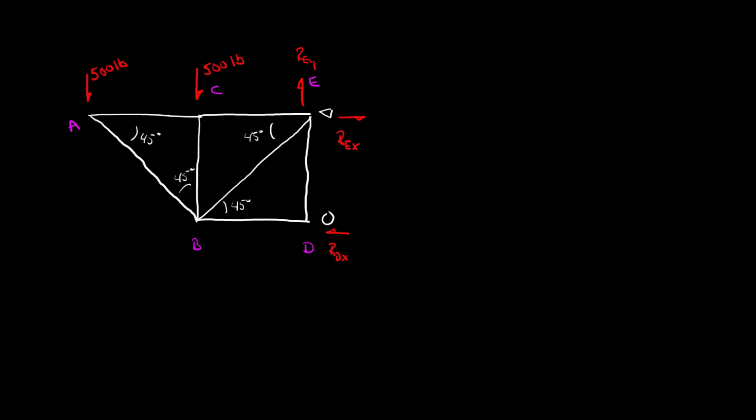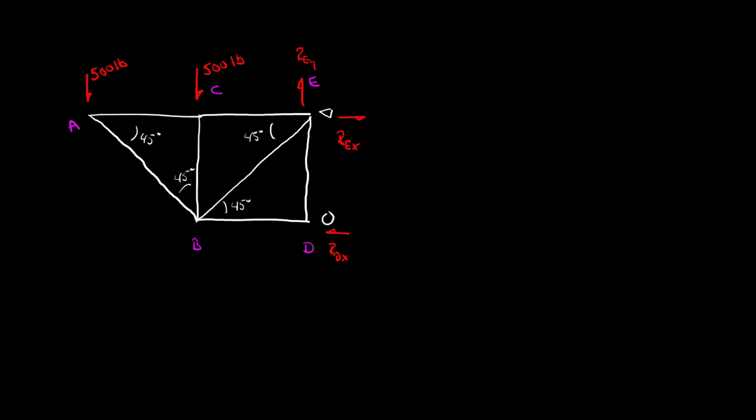So the very first solution that I want to do here is I want to go ahead and put in a little bit of thought and say, well, if this thing is not accelerating, some of my moments have to be 0, and I can choose any point that I want to choose to prove that.